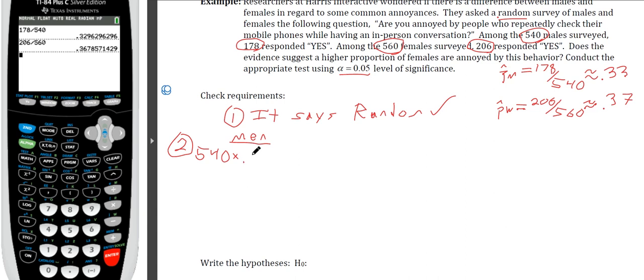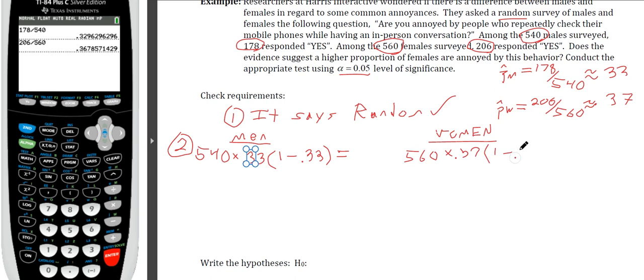All right, so for men, we have 0.33 times 1 minus 0.33. We're going to find out what that is and compare. We're also going to do the same thing for women, where we have 560 total women times 0.37 times 1 minus 0.37.